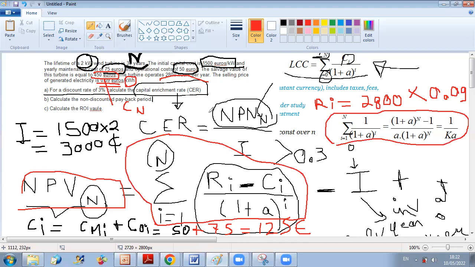Yes? Doctor, I have a question. We should first transform the 2,800 per year into per hour before we multiplying it by 0.09. Look, they gave you kilowatt hour. You have the number of hours of operation.